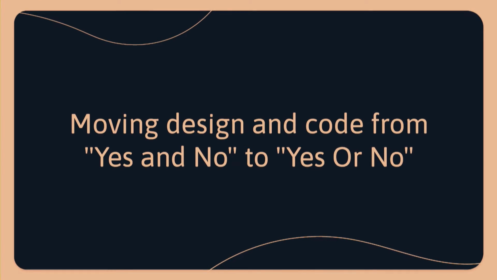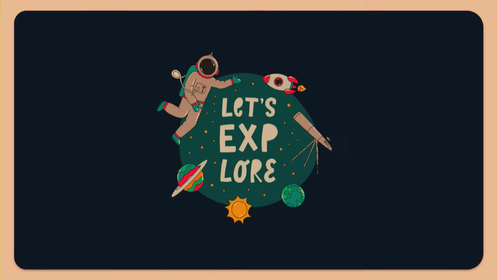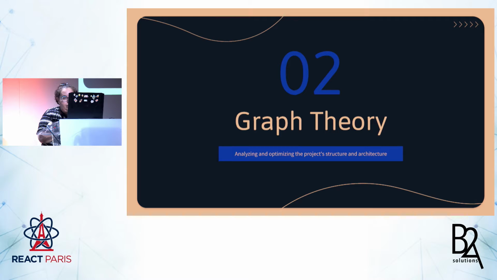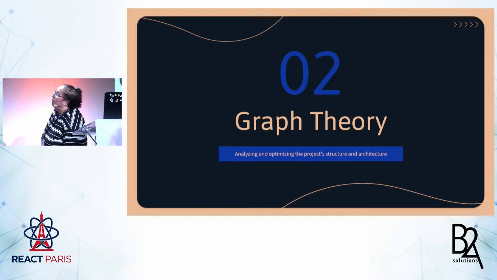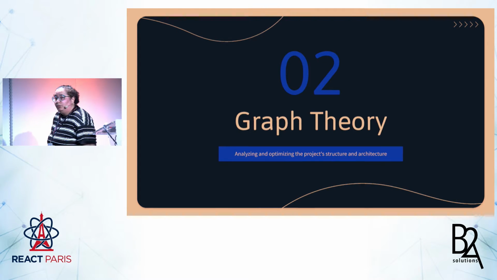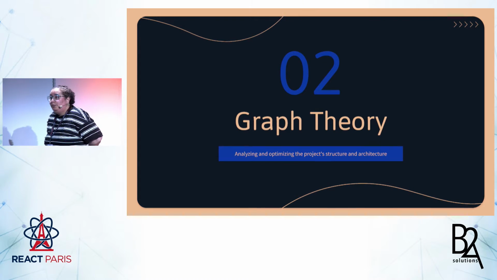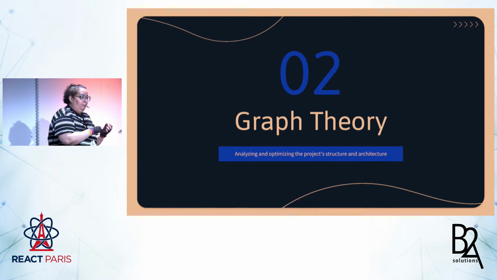I need to have a single answer, yes or no, and not yes and no at the same time. So let's explore, and let's start with how I can exploit graph theory in order to analyze and optimize our project structure and architecture.